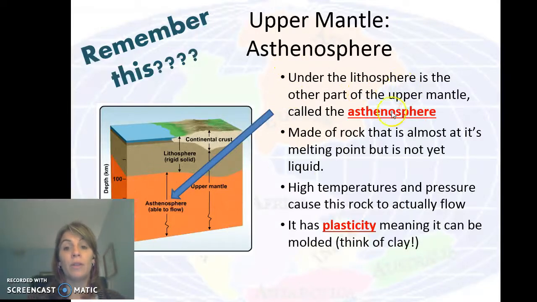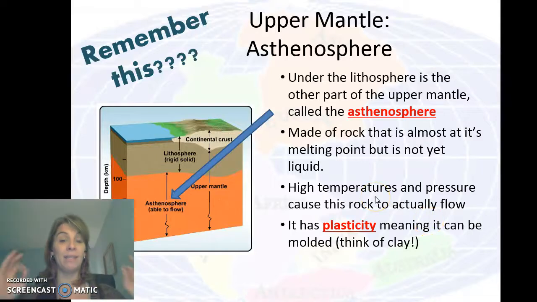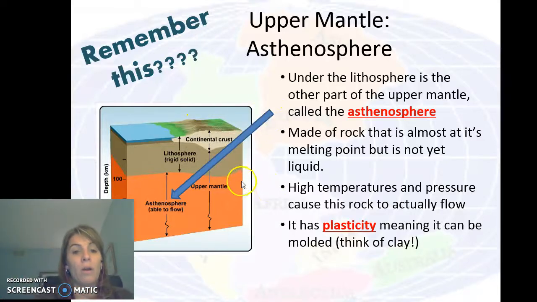Under the lithosphere is the other part of the upper mantle called the asthenosphere, made of rock that is almost at its melting point but not yet liquid. High temperatures and pressure cause this rock to actually flow, and it has plasticity. Remember we talked about that yesterday, meaning it can be molded. Think about clay and think about the consistency of clay. All right, so the asthenosphere is in the lower part of the upper mantle.